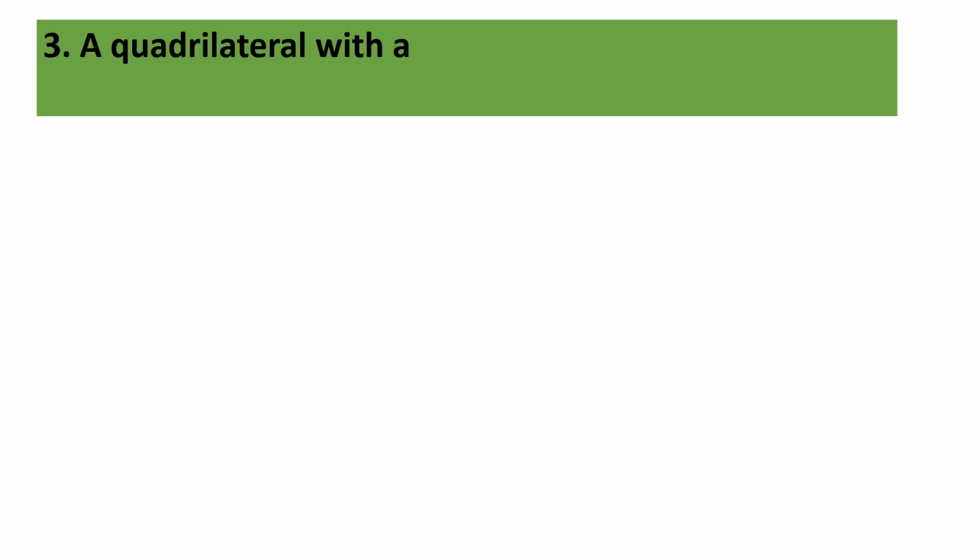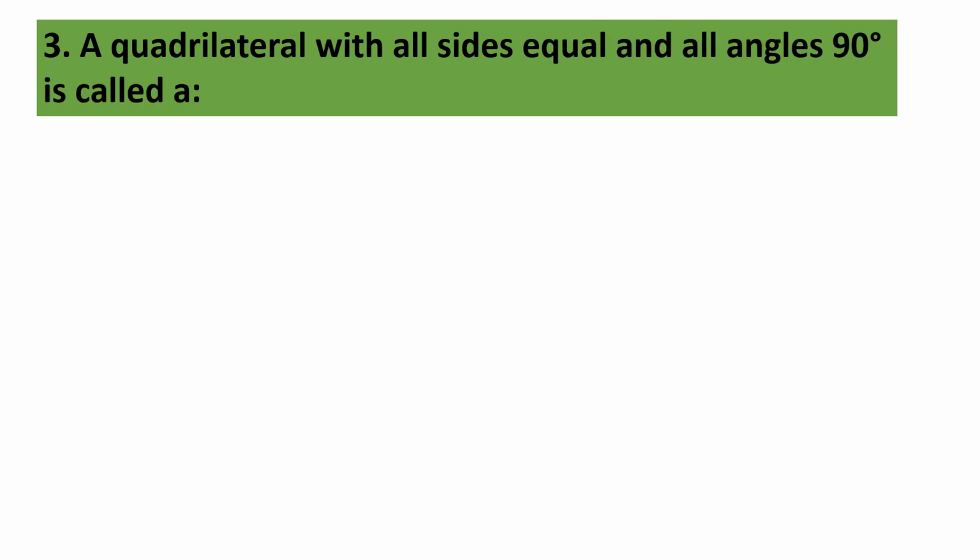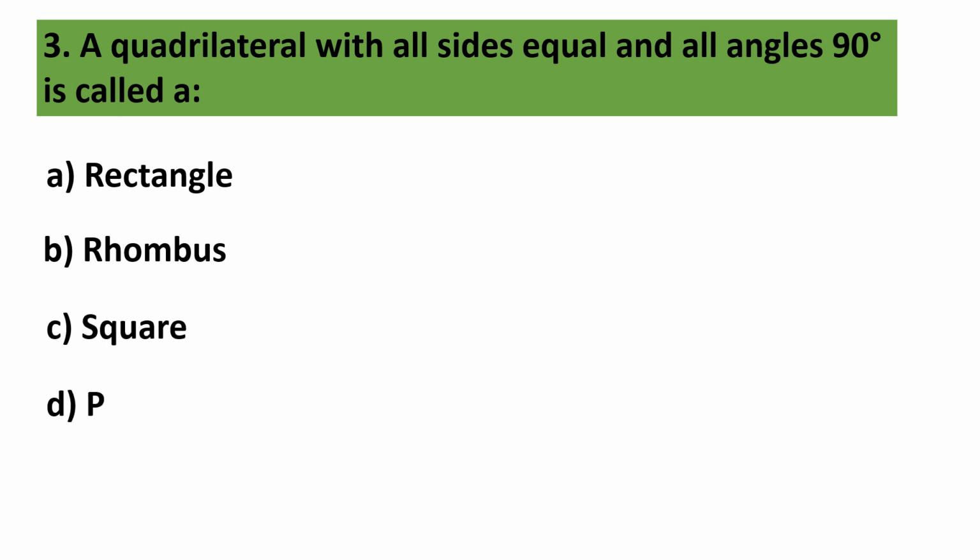Question number 3. A quadrilateral with all sides equal and all angles 90 degree is called: A rectangle, B rhombus, C square and D parallelogram.